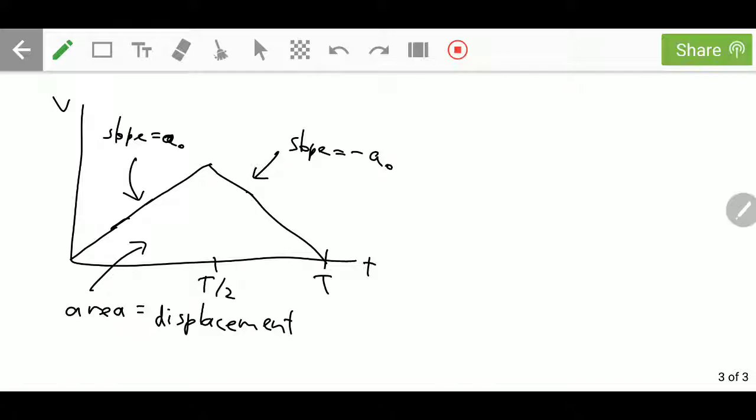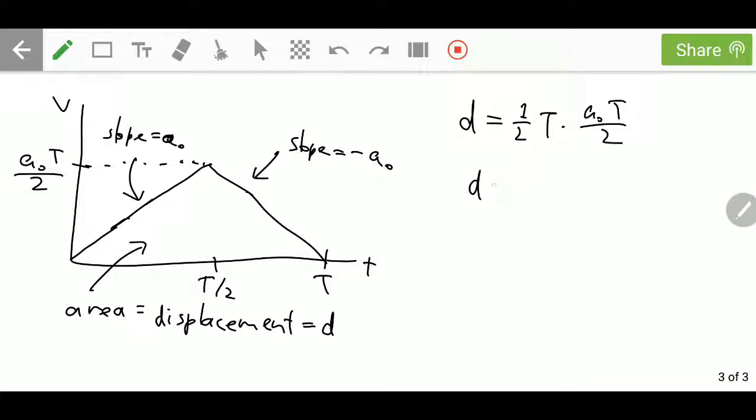So first, let's compute the height. We know that this has a slope of a naught, and it goes in time T over 2, which means that this height right here is a naught times T over 2. And so now the area of the triangle, which is our displacement, and we want that to be d, we will have d equals 1/2 times the base, which is T, times the height, which is a naught T over 2.